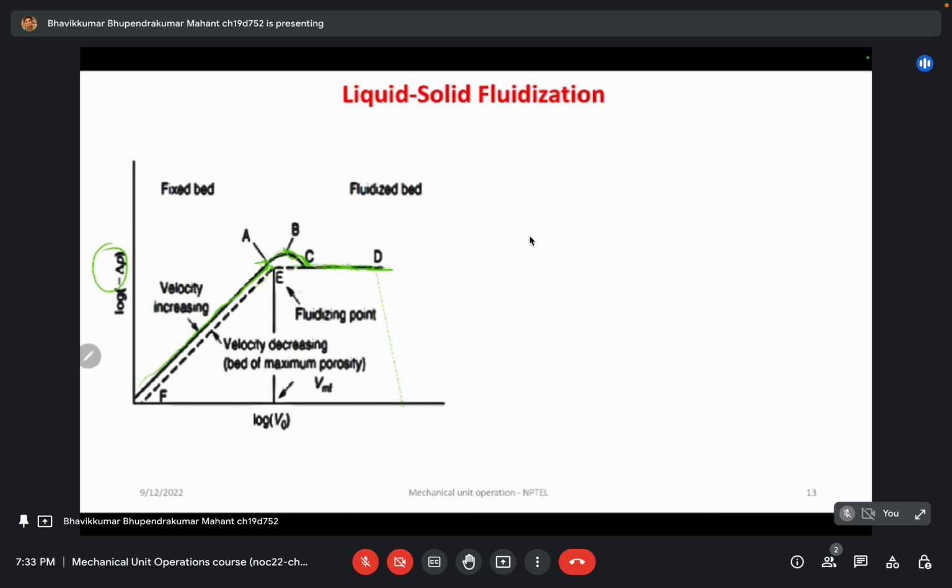You can consider this velocity the fluidization velocity, or minimum fluidization velocity, or bed of maximum porosity. Then if you reduce the velocity, you will get a pressure drop difference, but it is different from the earlier one. Why?